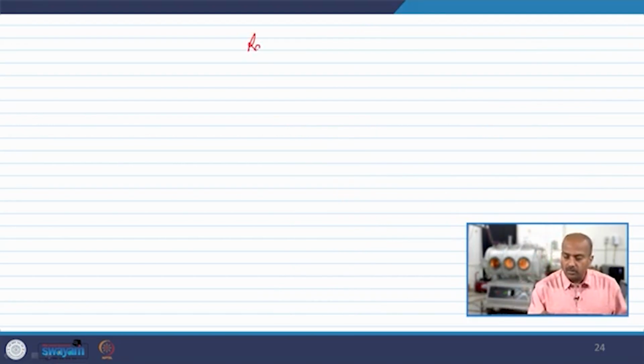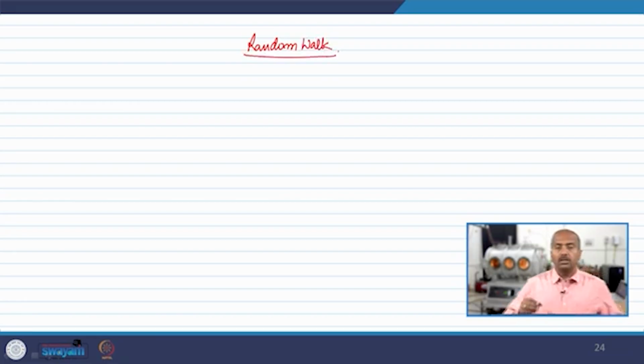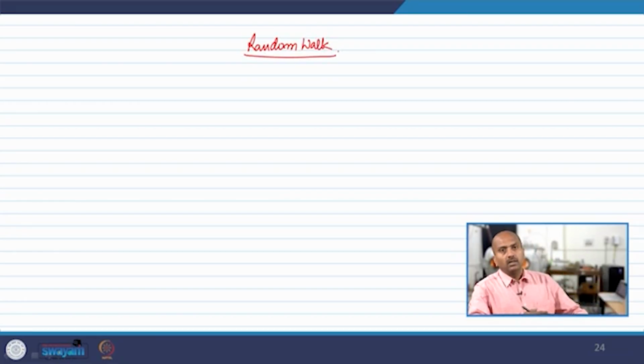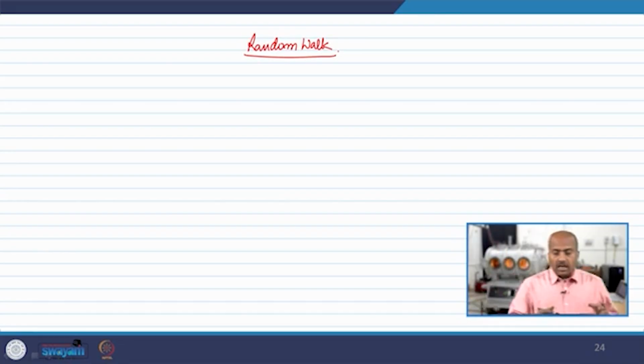So, we have this process which is called random walk. What is random walk? The particle's movement in the presence of collisions or in the presence of magnetic field appears to be a random walk process. This random walk process is characterized by what is called the step length.